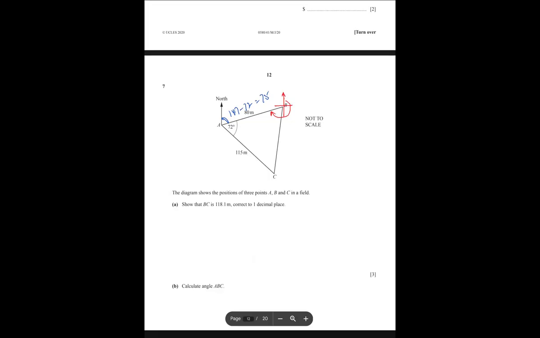I already know that this angle is 67.8 as found in part B. Then I can use alternate angles to deduce that this entire angle here is 75 degrees as well. So that means this small angle here is 75 minus 67.8, which is 7.2 degrees. So to find the bearing, I just take 180 degrees plus this.